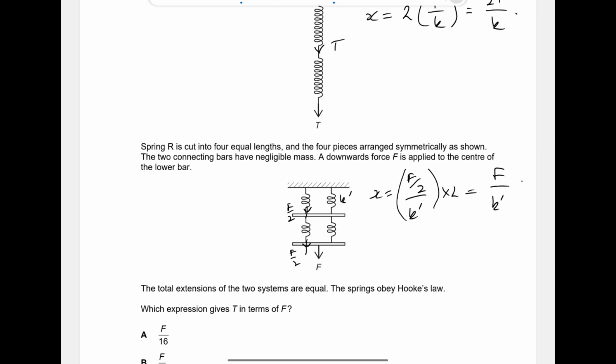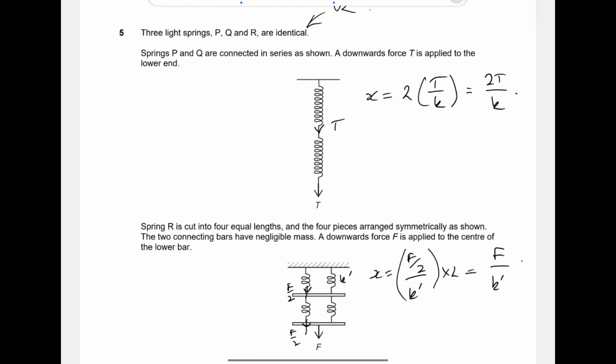Now we just find K prime in terms of K. The way we can do that is by imagining a spring before it's cut up, and then after it's cut up with all the pieces attached together. If we apply a force F downwards, we get an extension, let's say y.